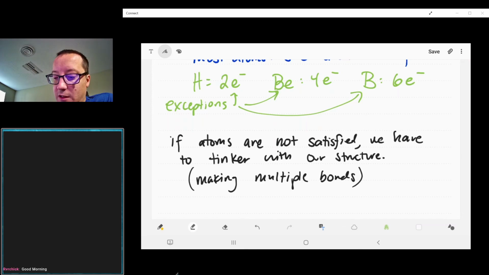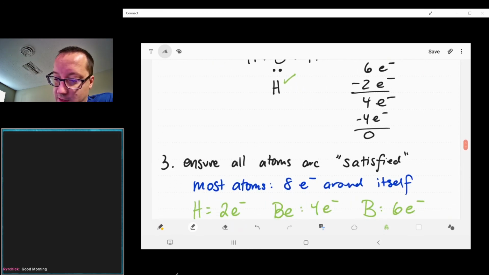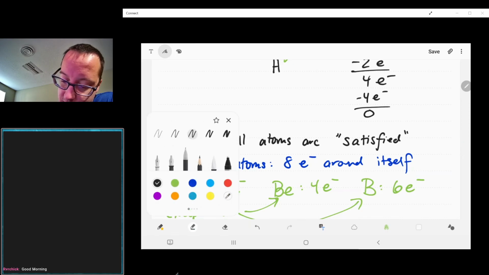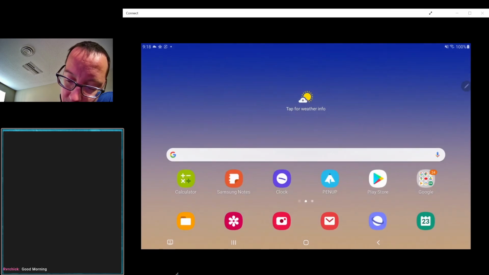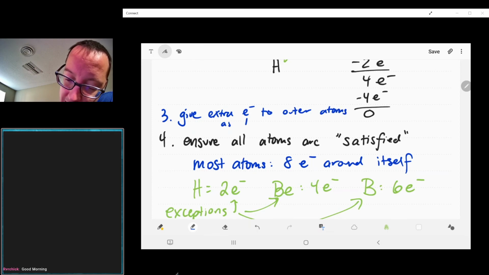And then we'll... Oh, you know what? I forgot to put a step in here that was not applicable for this particular one. So let's go ahead and actually call this one step 4. And we'll write step 3 just right above it: give extra electrons to outer atoms as lone pairs.